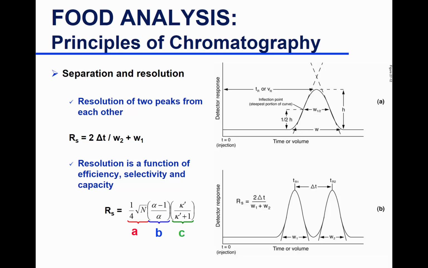B is selectivity and C is capacity. Sorry. Okay, so each one of these, the efficiency, the selectivity, and the capacity, impact resolution. Efficiency is directly related to the number of theoretical plates, and with this note, I'm going to stop and talk about the number of theoretical plates next time.